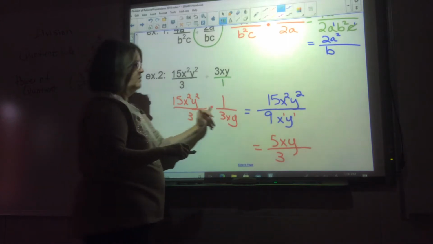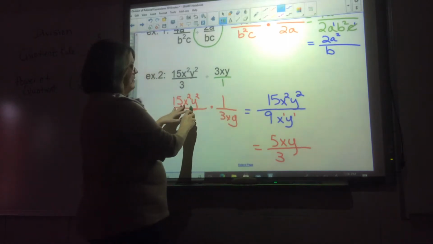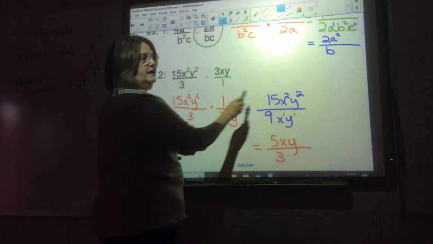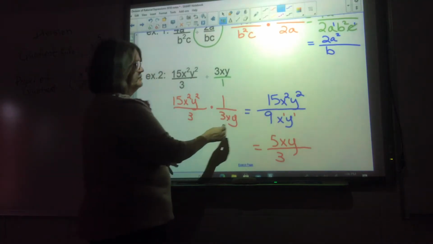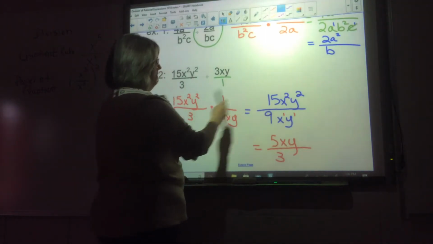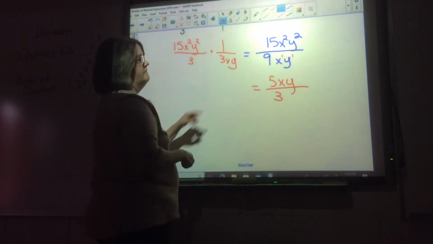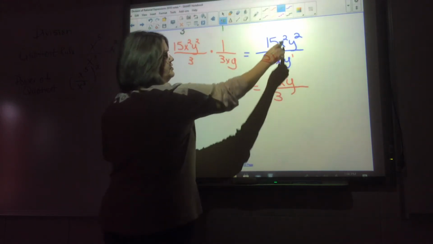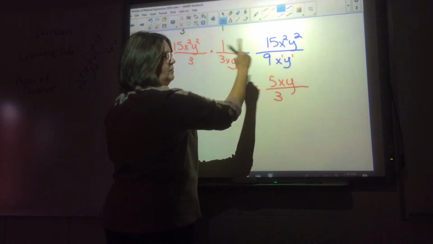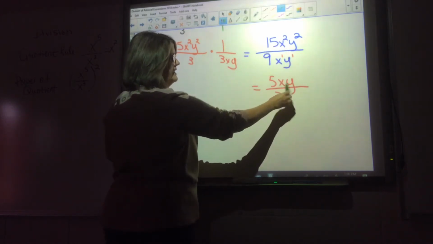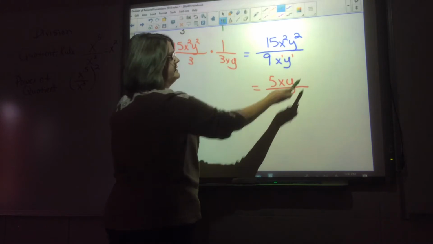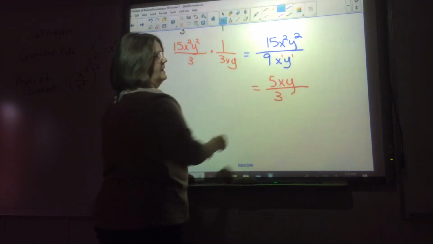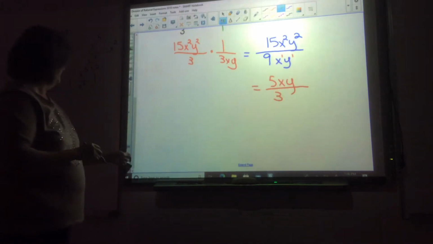And remember to come across. 15x squared y squared times 1 is 15x squared y squared. 3 times 3, that's 9xy. And then simplify. 15 over 9 becomes 5 over 3. 2 minus 1, you have 1 left over in the numerator because that's where your highest exponent is. 2 minus 1, again, left in the numerator.